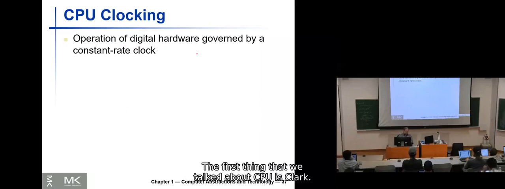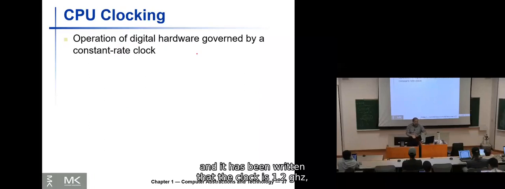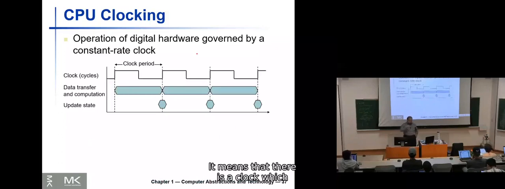The first thing that we talk about in CPU is the clock. Everybody knows that the processors are all working with a clock. For example, this laptop has a CPU and it has been written that the clock is 1.2 gigahertz. It means that there is a clock by which everything is synchronized.